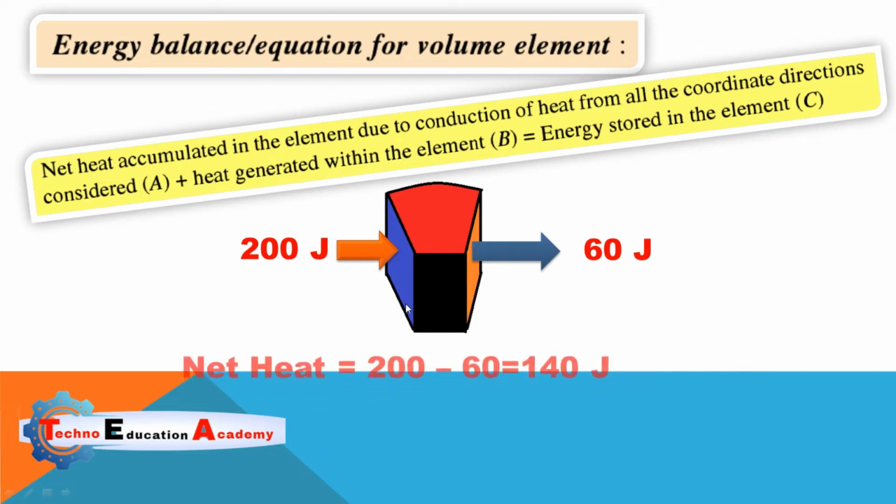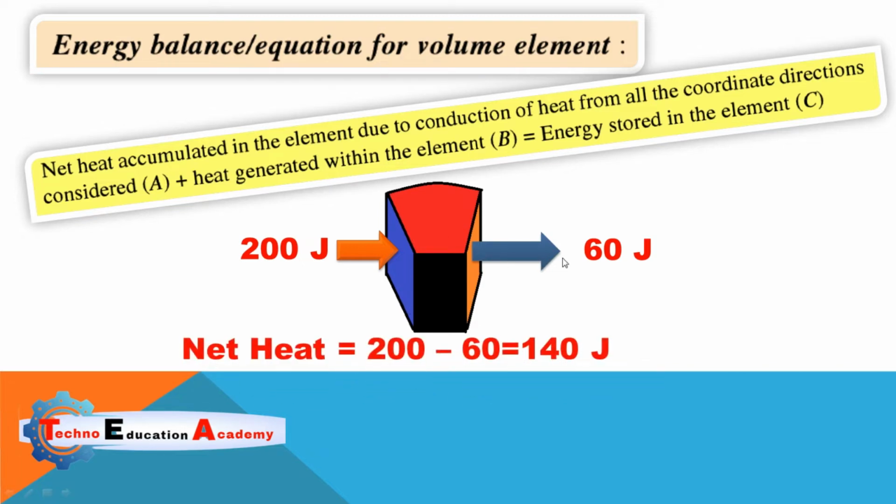So net heat equals 200 minus 60 equals 140 joule. It is called the net heat accumulated in the element. In the same way we can calculate the net heat accumulated for the remaining two dimensions, and the sum of the net heat accumulated in all three dimensions is called the total net heat accumulated in the element.